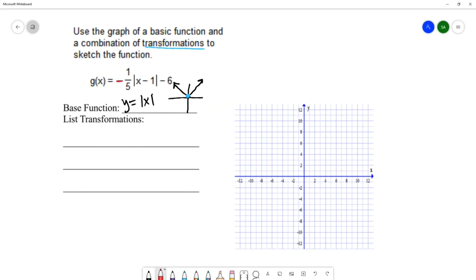We've got the negative and the 1/5. So they cause two different transformations: multiplying by 1/5, and multiplying by a negative. And then we have another transformation of -1, and another transformation of -6.